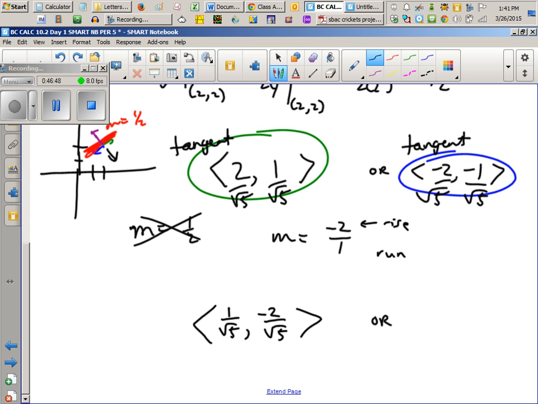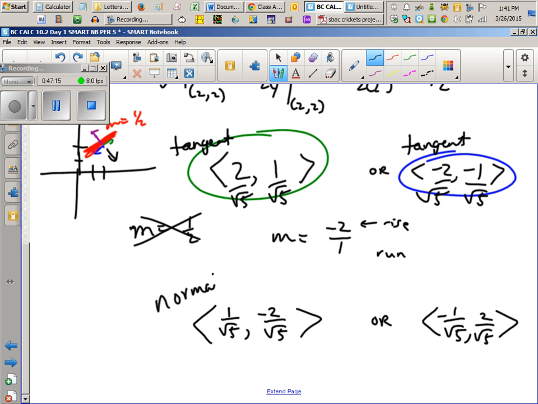or -1/√5, 2/√5. This way your rise to run ratio is -2:1. The y is double the x, see? And there's units because they have that rad5 on the bottom. These are normal vectors. You should study this example, okay?